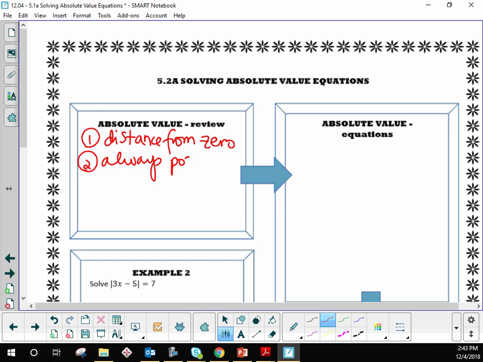And this is true no matter how crazy the number looks. Like if I asked you for the absolute value of -12 and 79/85, what would that answer be? 12 and 79/85, right? So no matter what, because that's the distance from 0. It's a measurement, so it's always positive.